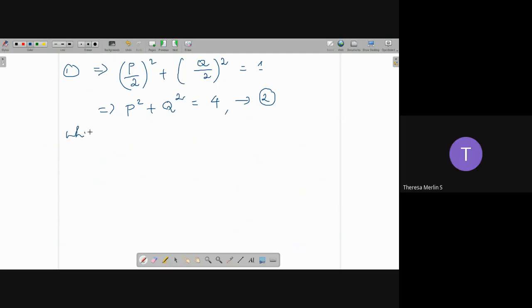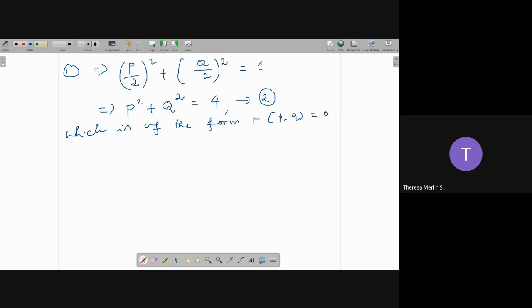Which is equation number 2, which is of the form type 1, function of p comma q is equal to 0.